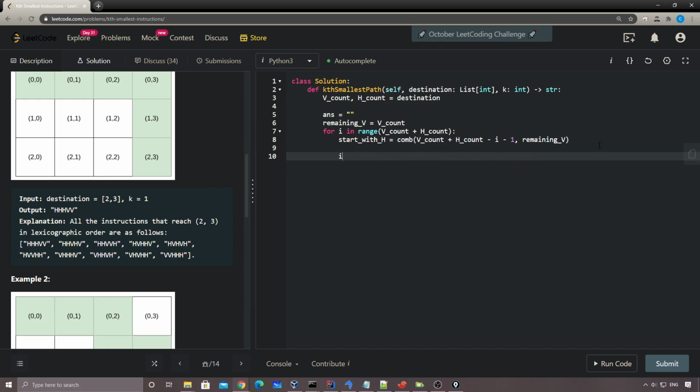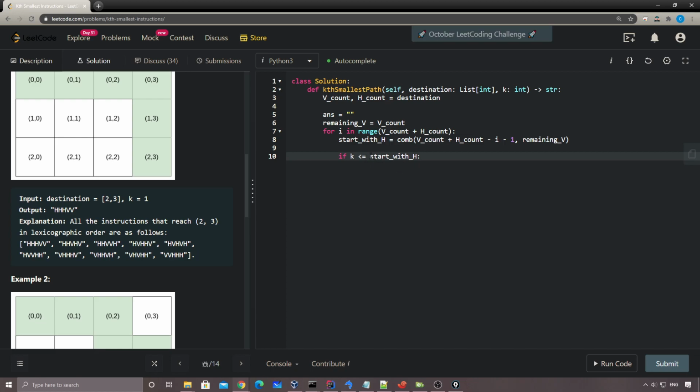And now we simply need to do a check here. K means that we still need to make this case number, the case number that is currently bigger than the current number, right? Because we're looking for the K-th smallest number, and we still have this K remaining here. Basically, if K is smaller than the target, the start with H here, what does it mean?